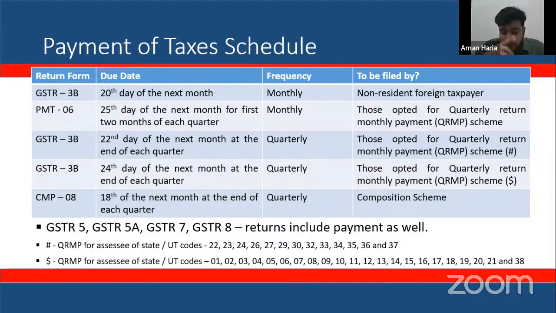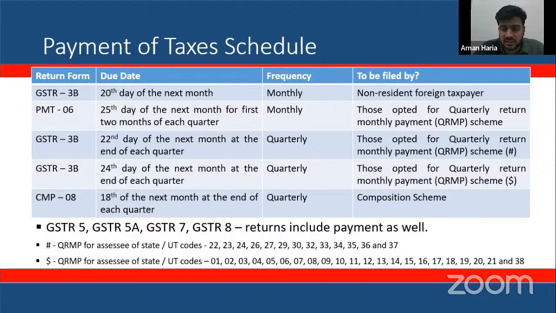So basically Gujarat, Chhattisgarh, Madhya Pradesh, Maharashtra, Dadra Nagar Haveli, Karnataka, Kerala, Goa, Pondicherry, all of these states being in the southern part of India, their due date is 22nd. And for the states which are in the northern part of India and which I did not mention earlier, the due date will be 24th day, if and only if they have opted for quarterly payment. If you have not opted for quarterly payment, then irrespective of wherever you are located in India, your due date is 20th day of the next month.